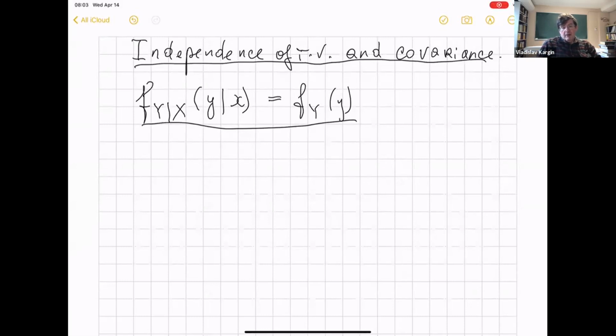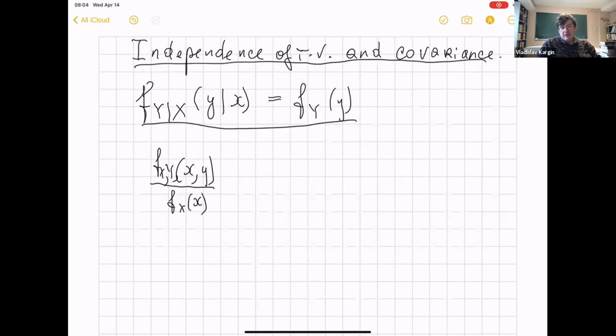And if you write down the definition of conditional density, just by definition the left-hand side is equal to the joint density f of x, y divided by the density of the condition, f of x of x.